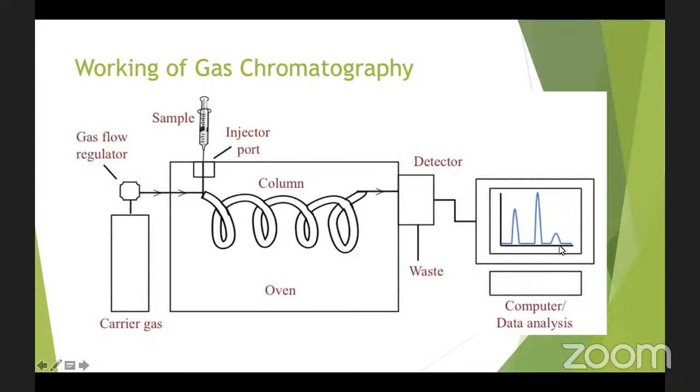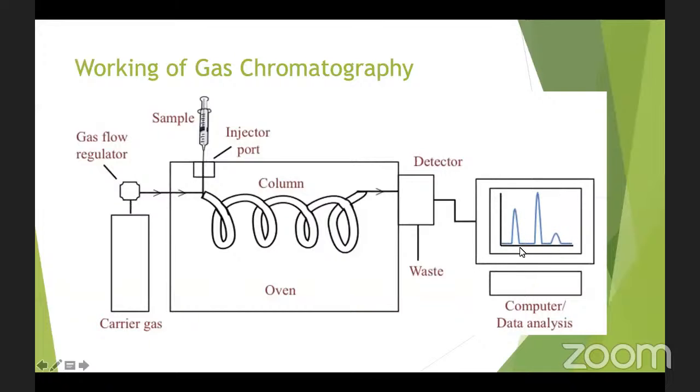That is one thing. Now, if there are two components which have a similar or the same boiling point, then the second condition will apply, and they will be separated based on size. The component with the smallest size will move out of this column first. So here you will see the peak.